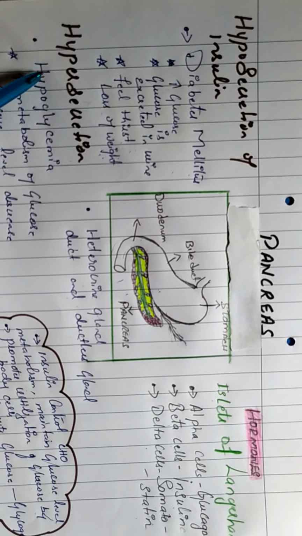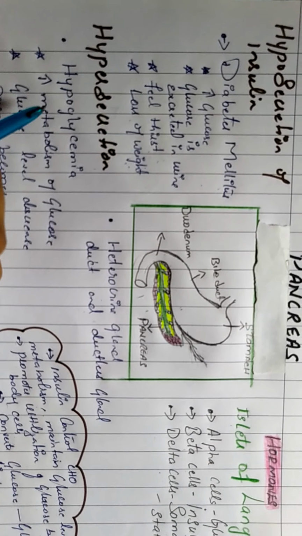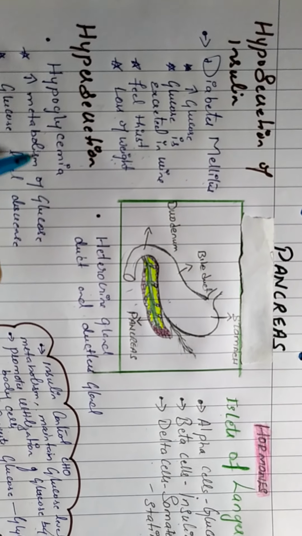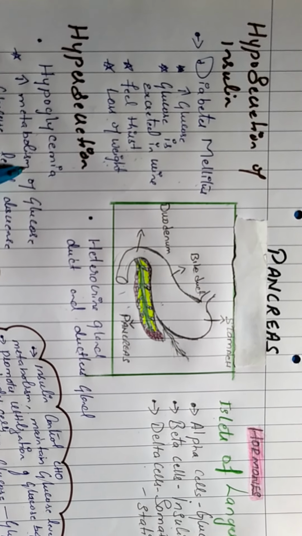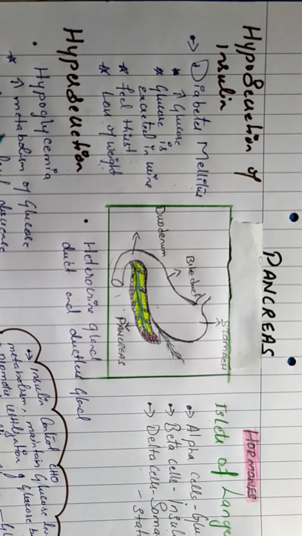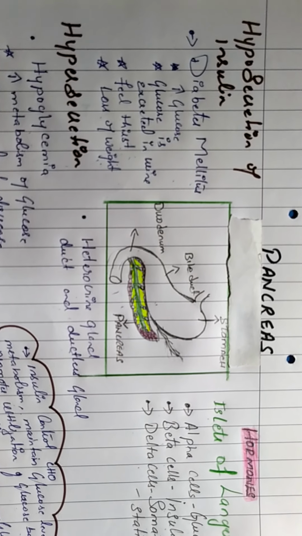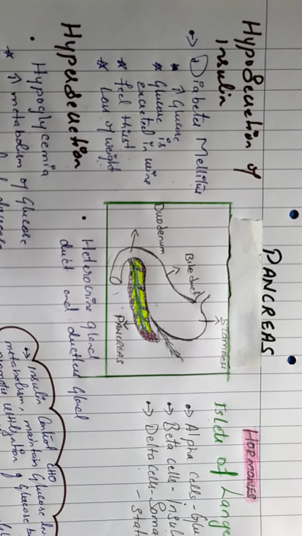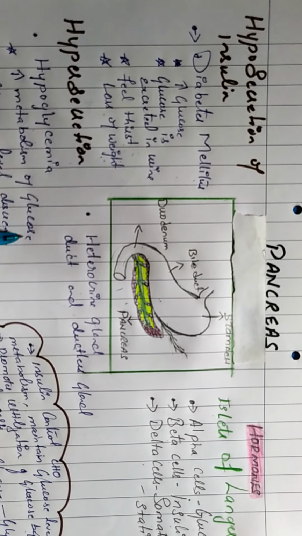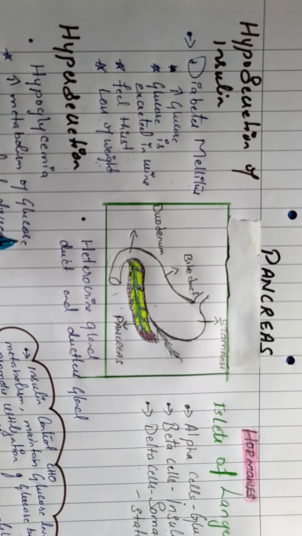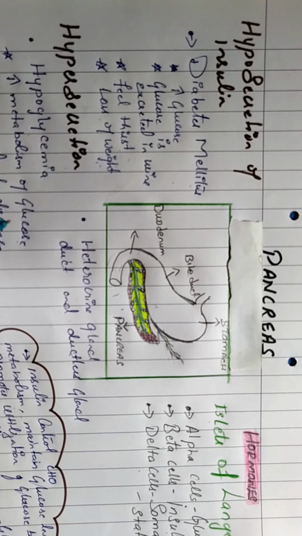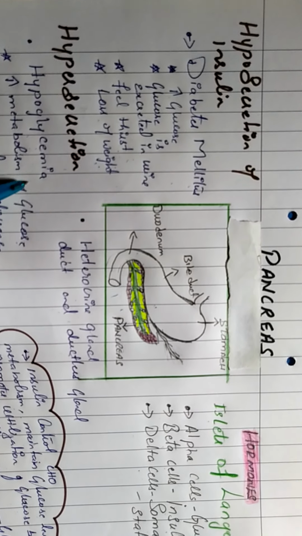Now let us come to hypersecretion, that is, hypoglycemia. Oversecretion of insulin increases the level of insulin in the body. This increases the metabolism of glucose by the body cells, resulting in a lower level of glucose called hypoglycemia.